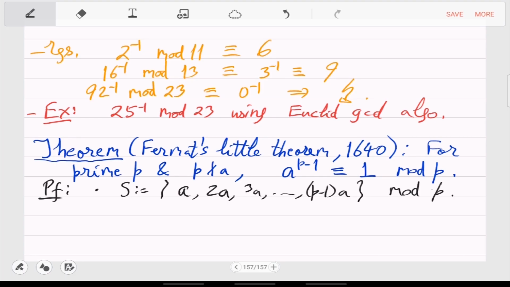The integers are bigger because they are being scaled up by A, but then you can divide by p and we are looking at the remainder. So that is the set S, and we are interested in their product.